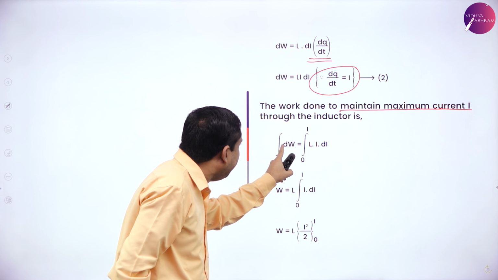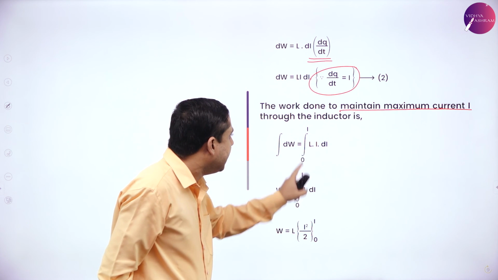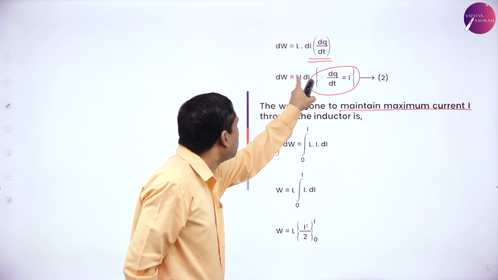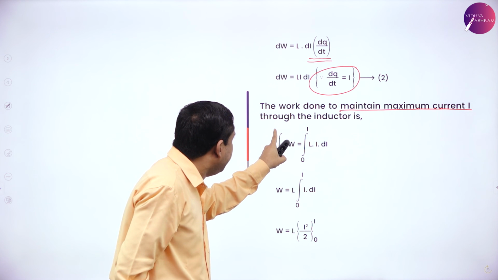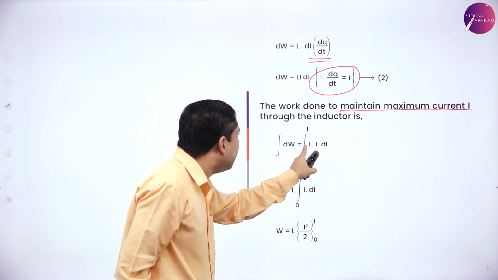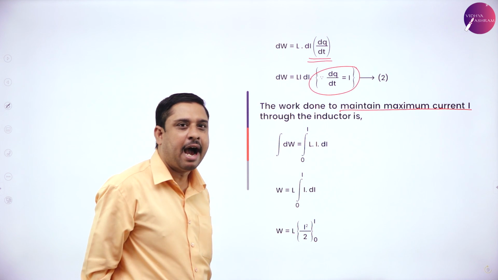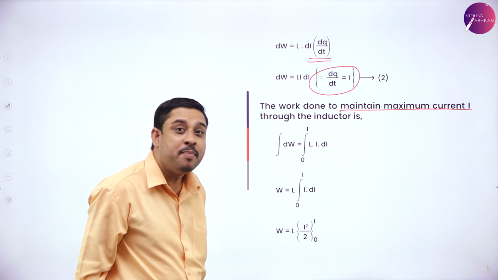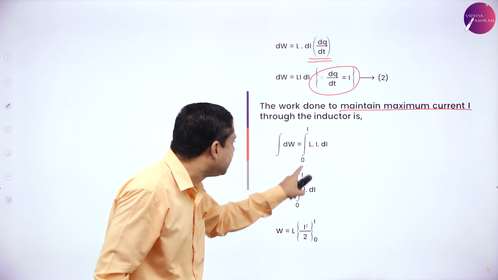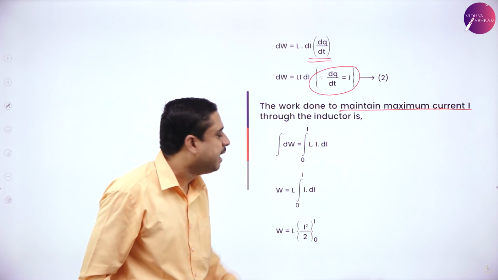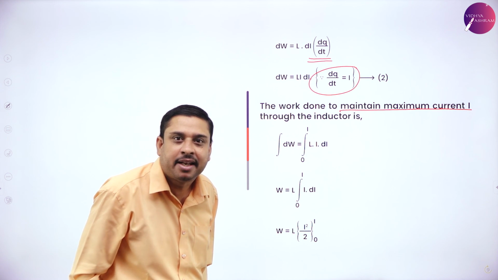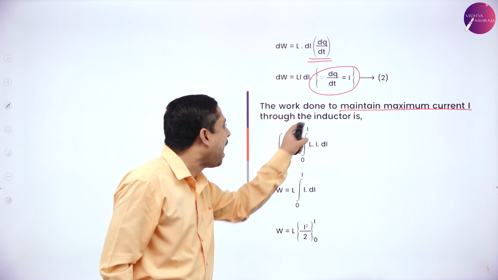So integral dW equals integral L I di. The limits of integration: before we switched on the battery, current in the circuit was 0, the lower limit. Maximum current is I, the upper limit. So integration is done within the limits 0 and I.